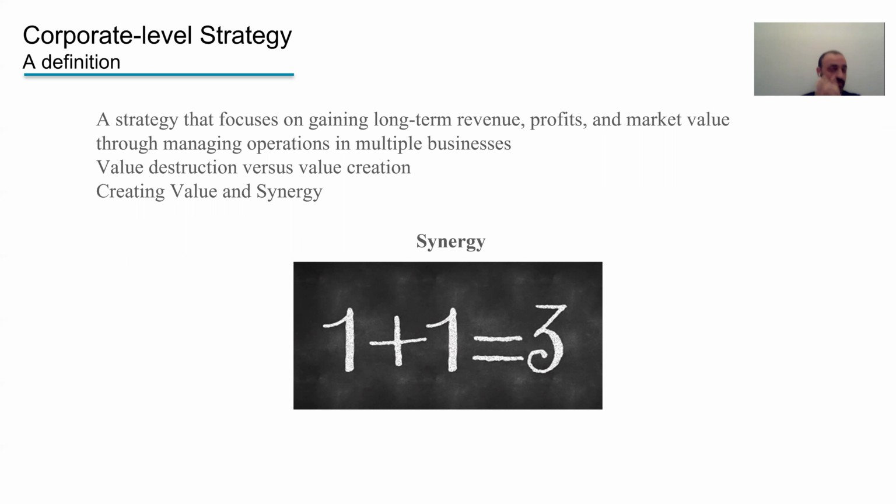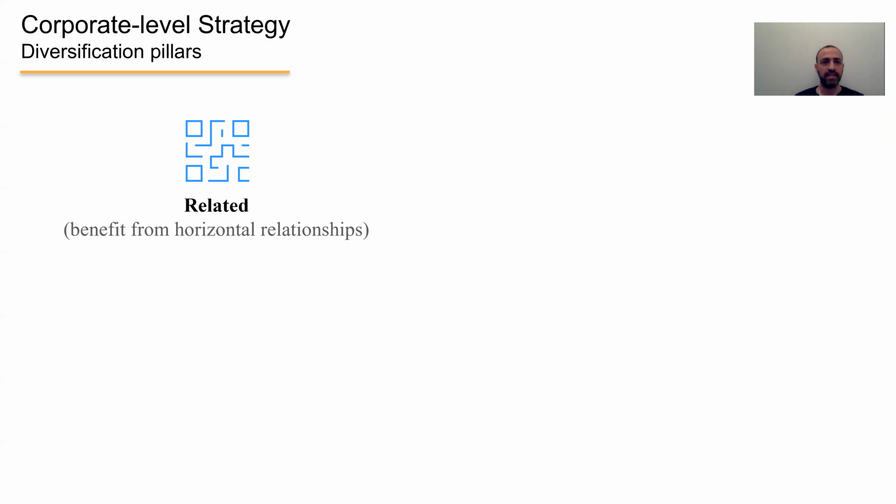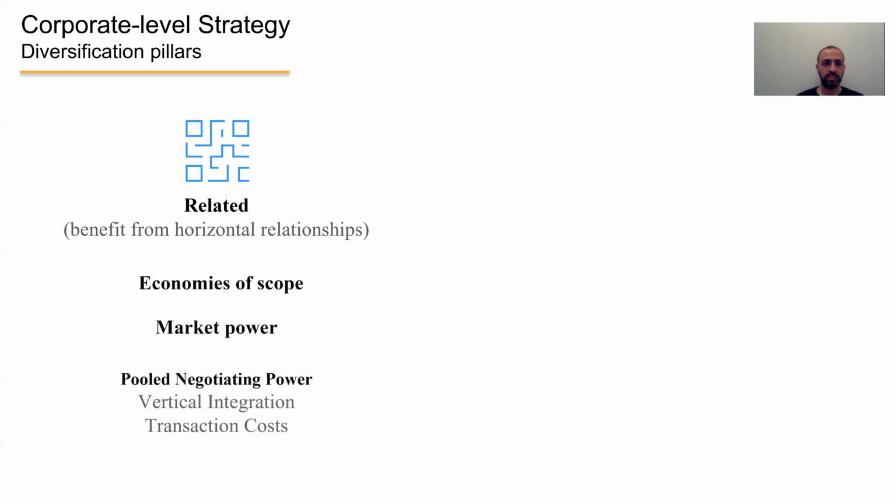So in corporate level strategy, we have two diversification pillars. The first is the related diversification, which is benefiting from horizontal relationships. So we have economies of scope in a way that you leverage your core competencies, use them the most, and you will have the market power.